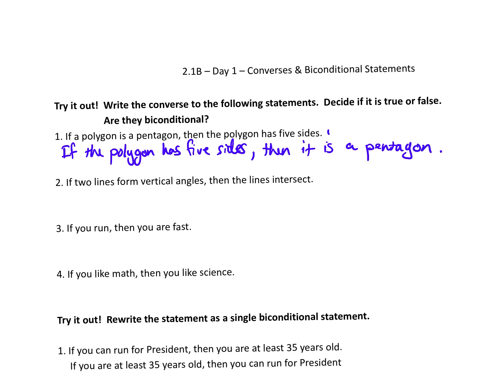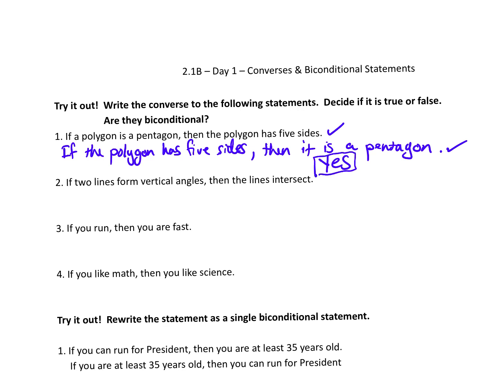Is this true? The first one, yes. If a polygon is a pentagon, it does have 5 sides. And the second part, if it does have 5 sides, then we do call it a pentagon. So yes, it is biconditional here.